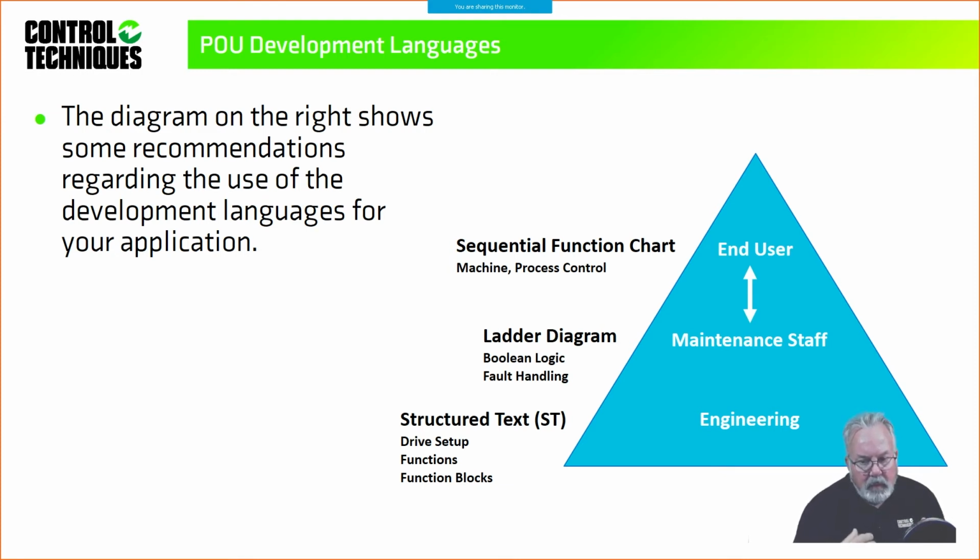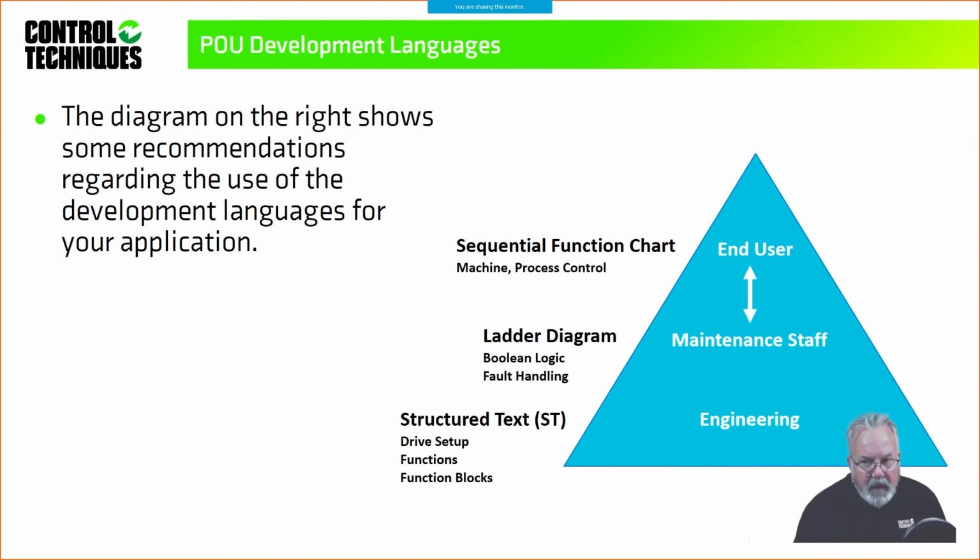Just because you traditionally associate a function or a function block with a visual language like ladder or function block diagram, you can still call functions and function blocks using structured text. So at the engineering development level, structured text is a good language to use.